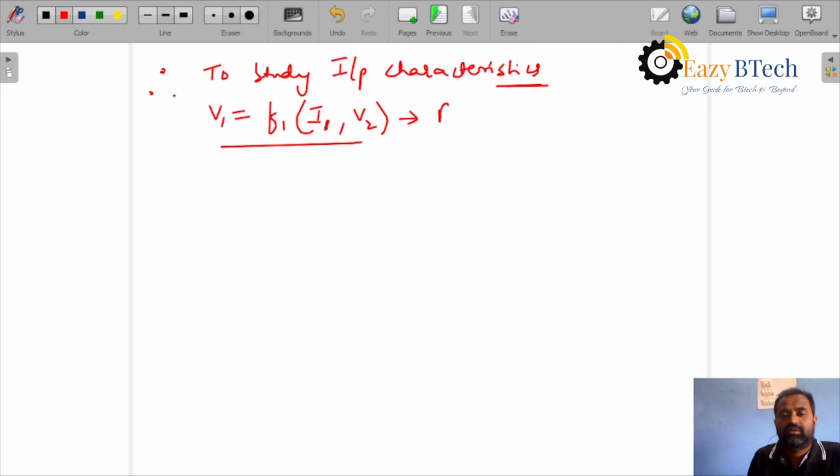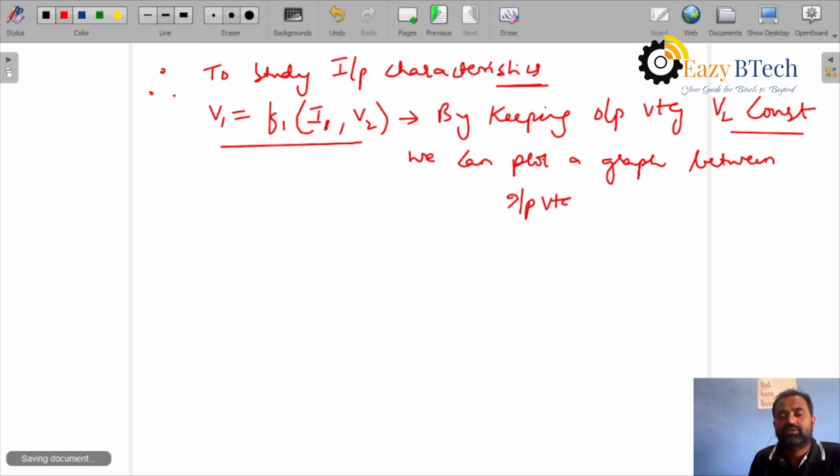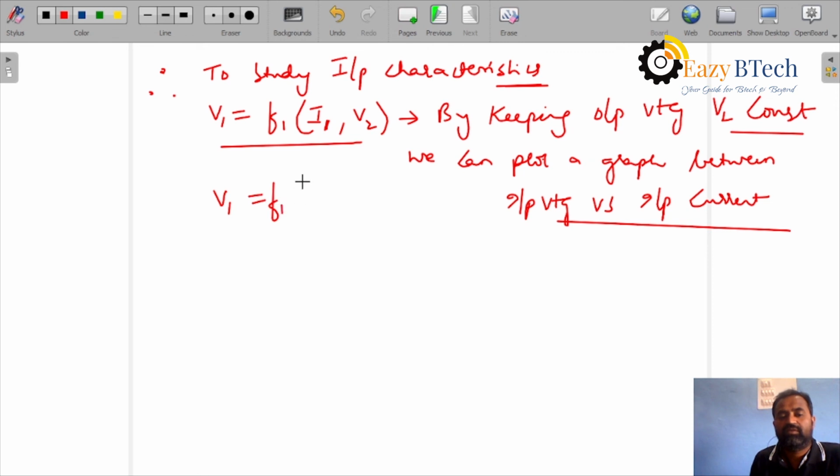It means by keeping output voltage V2 constant, we can plot a graph between input voltage versus input current, that is V1 is a function of I1, with V2 constant.